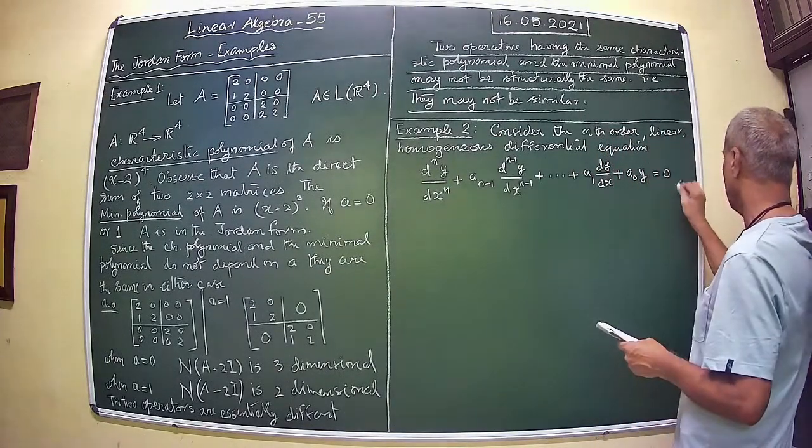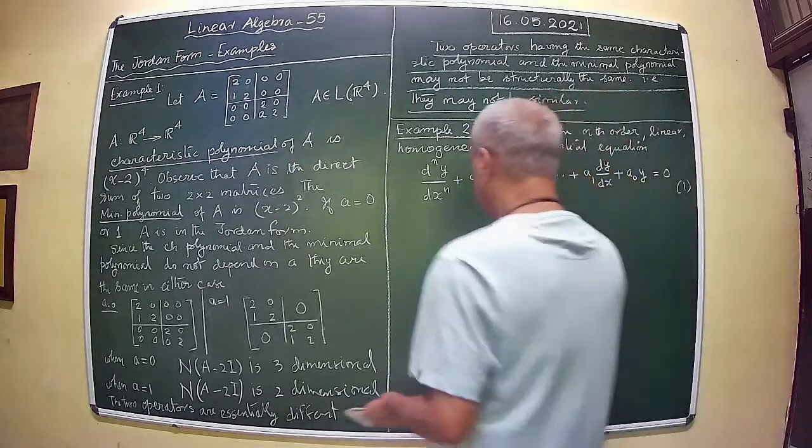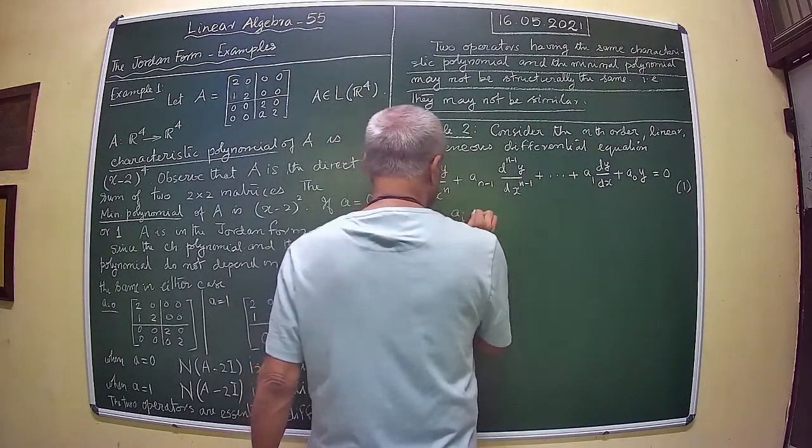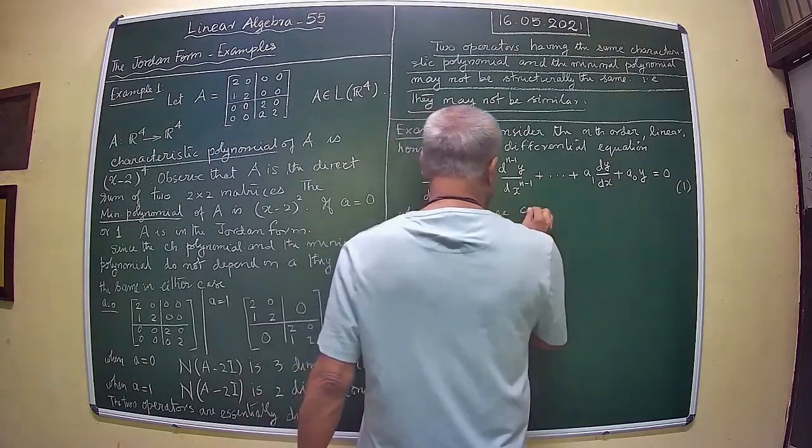Denote this by 1, where the a_i are complex numbers.